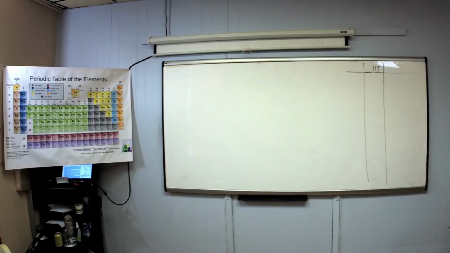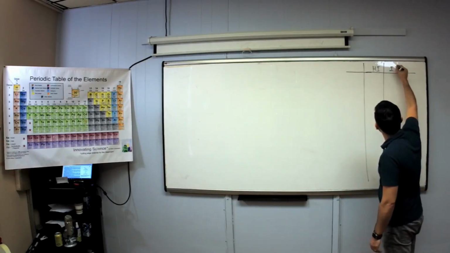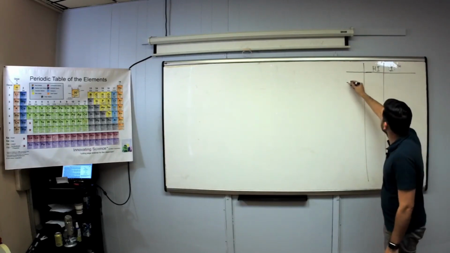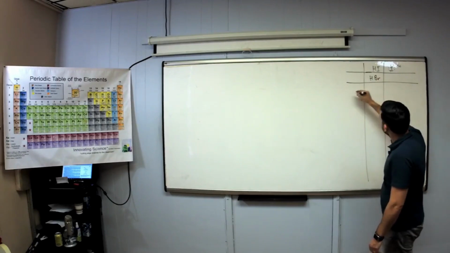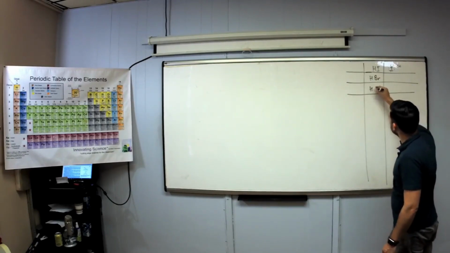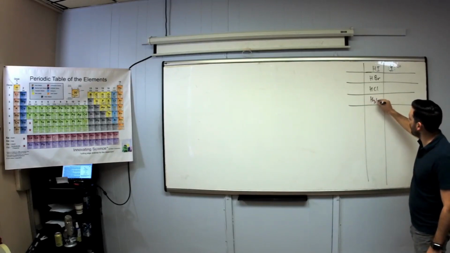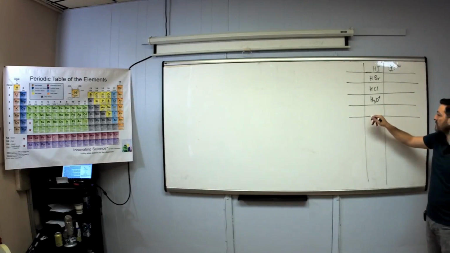Of course, I'm going to really have to describe what pKa is. We'll do that in the next lesson. But if that's the acid, then I minus is the base. After HI, HBr. After HBr, HCl. After HCl, H3O plus.